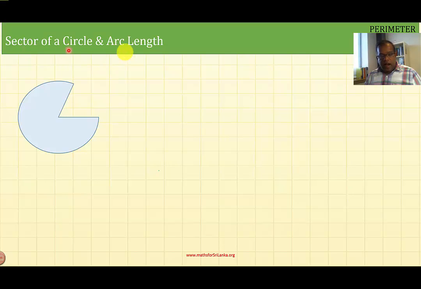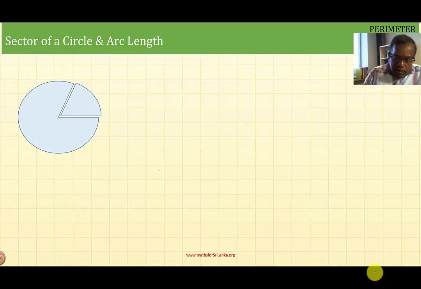Sector of a circle and arc length. Right now, we need to figure out how to find the length of a curved part of a compound figure. The curved part is coming from a sector of a circle. So here is a sector of a circle. It's a part of a circle enclosed by two radii and the intercepted arc.